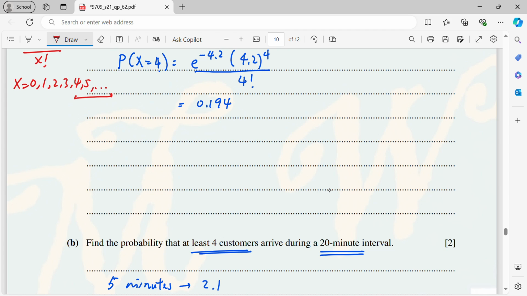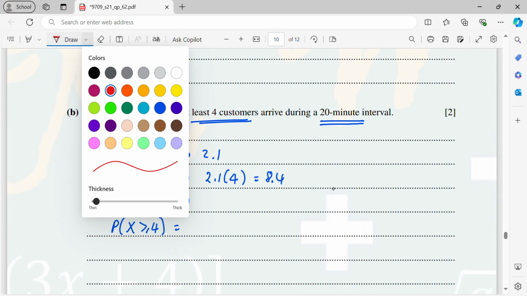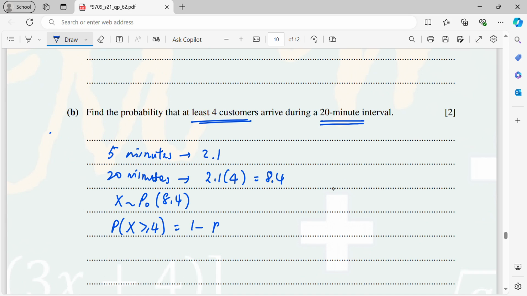That means I can use total probabilities, 1 minus all the previous. That is how I count part B. So this is going to be 1 minus P(X up to 3). P(X up to 3) means start from 0 until 3.